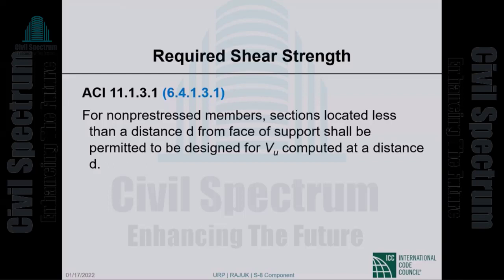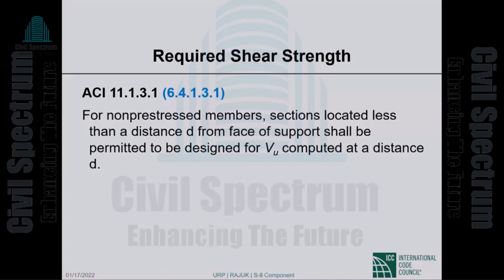So you do not typically have to design a beam for the shear at the support face. We typically design a beam for shear or diagonal tension, as I have pointed out, for shear at a distance d from the support face.